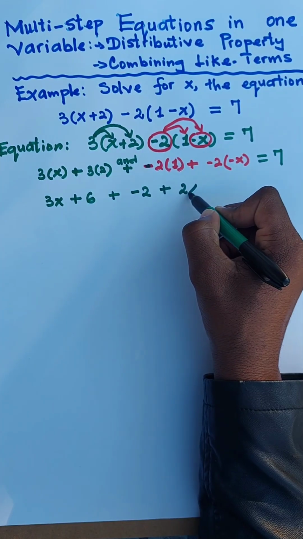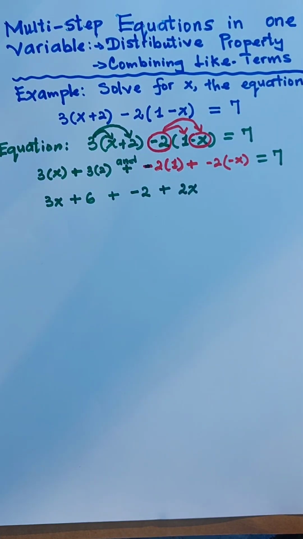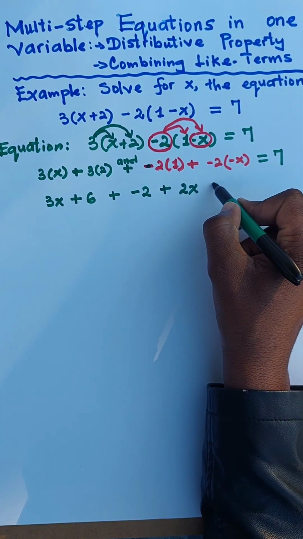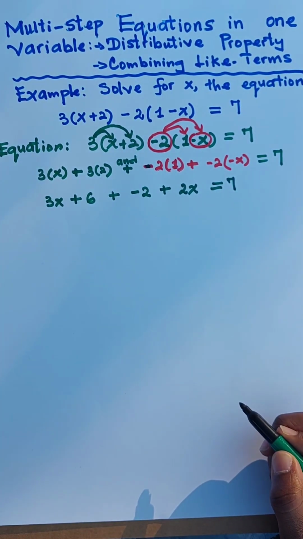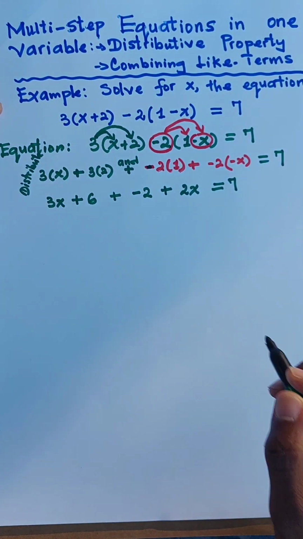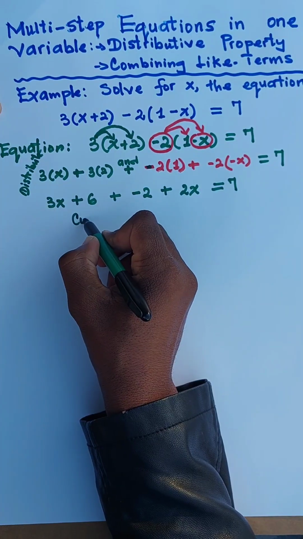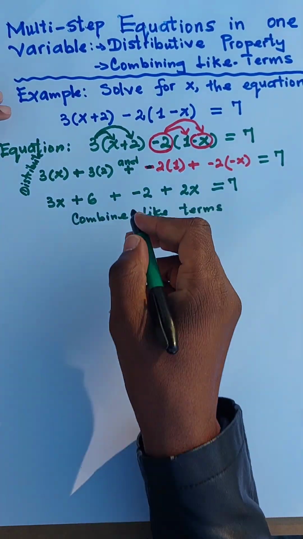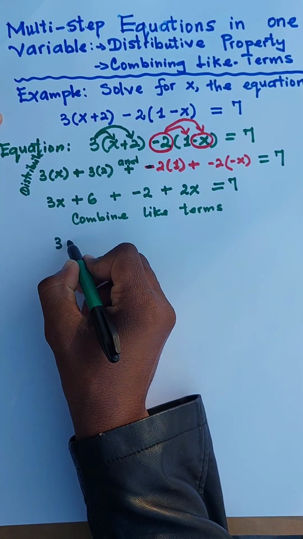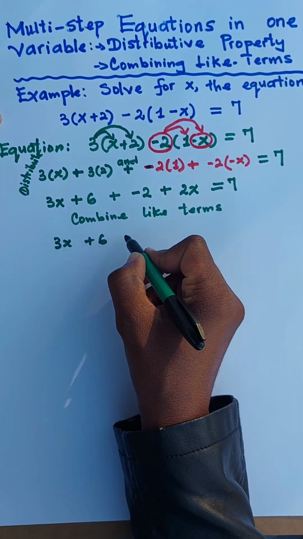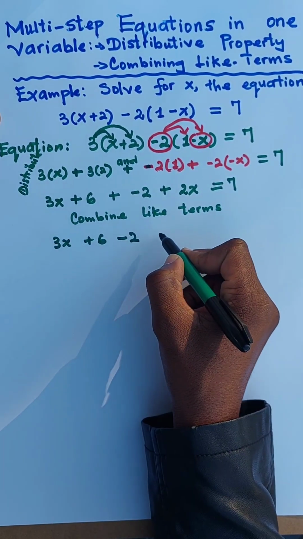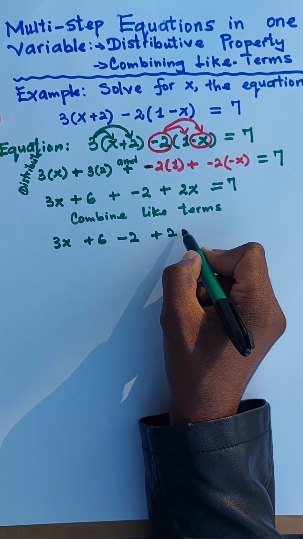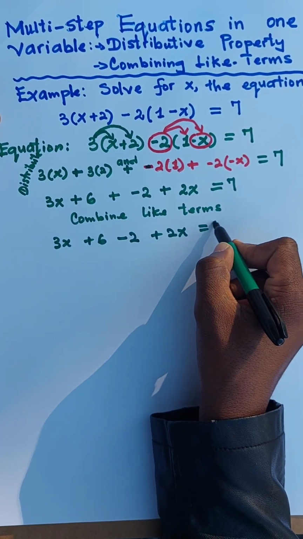So when it is positive 2x, we just write it like that. And then we have equals 7. We don't have any parentheses anymore. So right now, we want to combine like terms. Right now, our equation says 3x plus 6 plus negative 2 is just the same as minus 2, and then plus 2x equals 7.